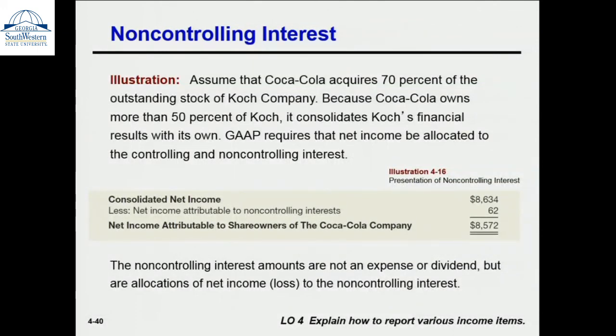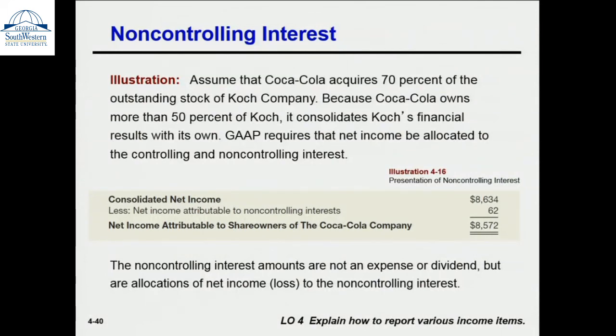So the rules are that if you own more than 50% of a company, then you consolidate their operations with yours and include their net income and everything with yours because you are in control of that company. But you take out the non-controlling part down there at the bottom line so that at the end, we're just showing the net income that you have control over.